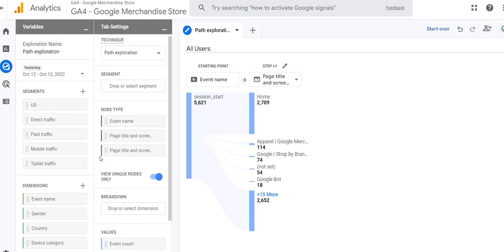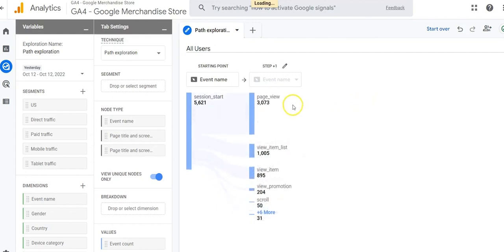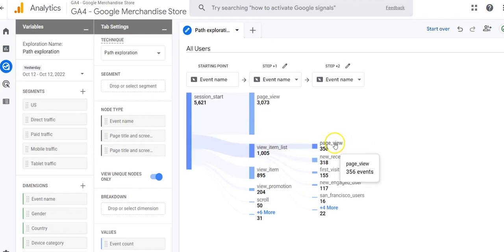If you're trying to understand more about what they are searching for, or did a coupon work, or did this sale piece work, make sure that your events are set up correctly so that you can look at those things. And you can say, I'm looking at that event name, and I'm looking at page view, view item list, let's look further. Was there something else that happened?